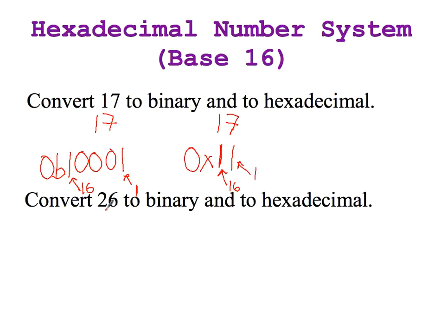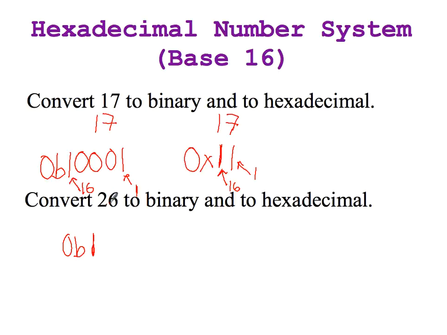Let's do the same thing with the number 26. We're going to convert 26 to binary. Okay, well, 26, put my 0b there. The largest value that goes into 26, that's a power of 2, is 16. So we'll put a 1 for a 16. That leaves 10.